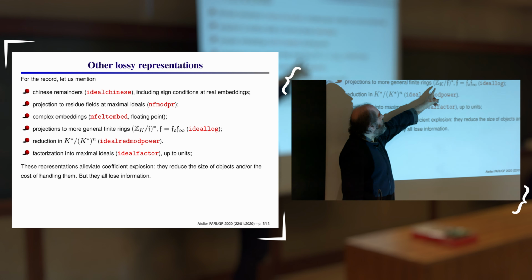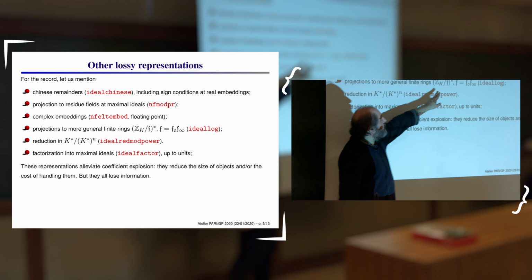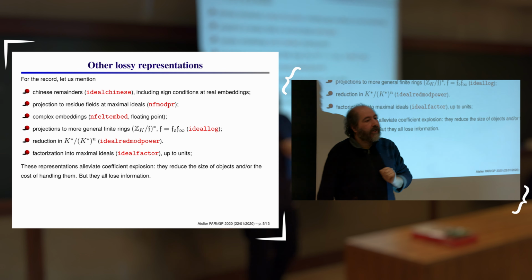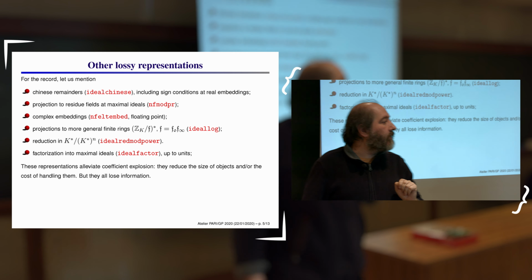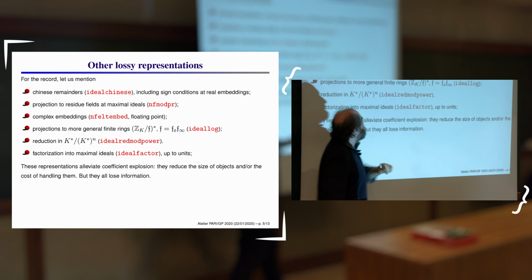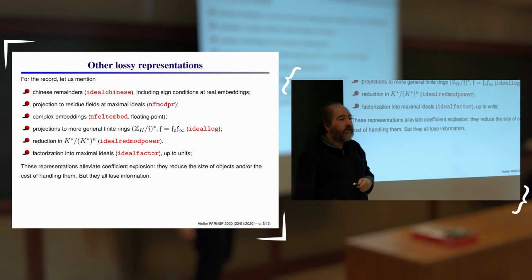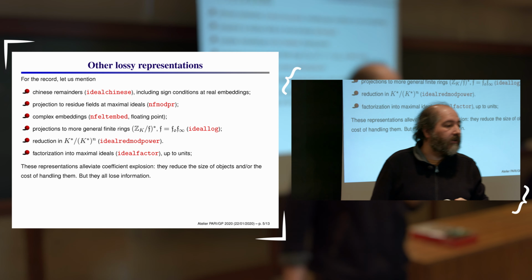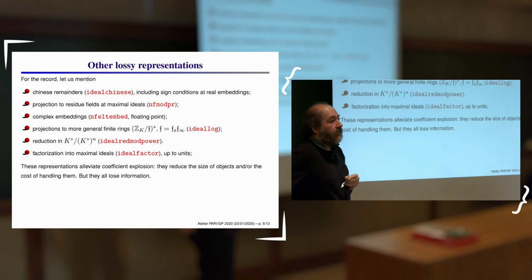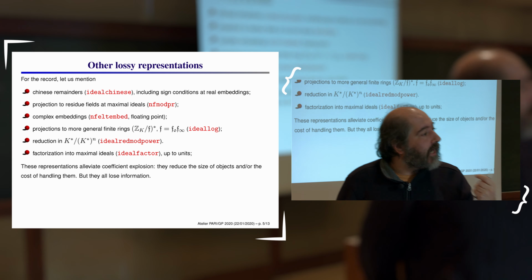Okay, you can have projections to more general finite rings. So like this, this is one ingredient of the ray class groups that were mentioned yesterday. And the ideallog function is one way of representing elements in this ray class group. We can actually work in K star modulo powers, just like we might need for the abelian class fields. We can also, in a different direction, factorize into prime ideals, consider the elements as principal ideals.